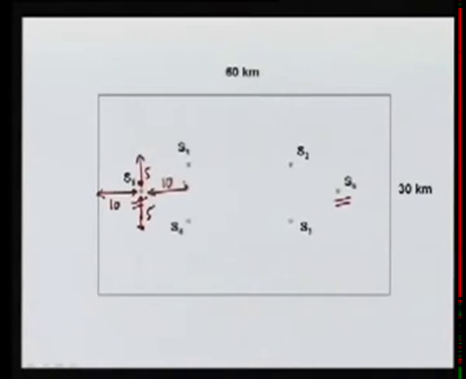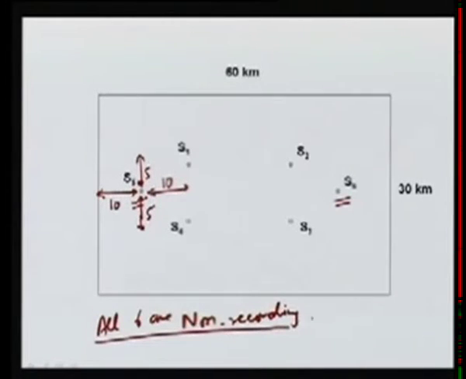The values of precipitation at all these stations, we will assume that they are all non-recording gauges, so all 6 are. The data which is available is daily data.